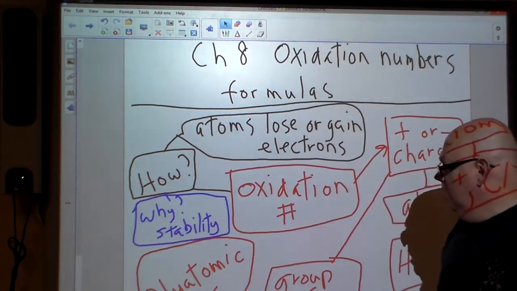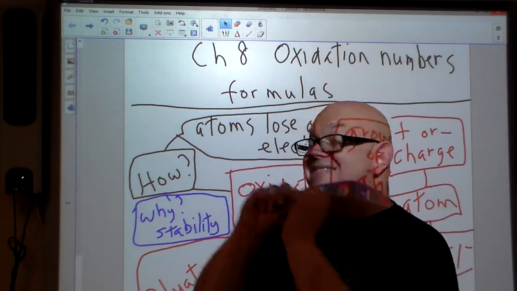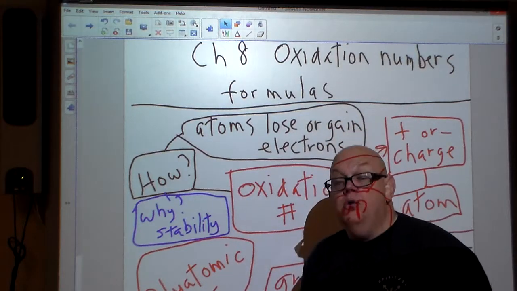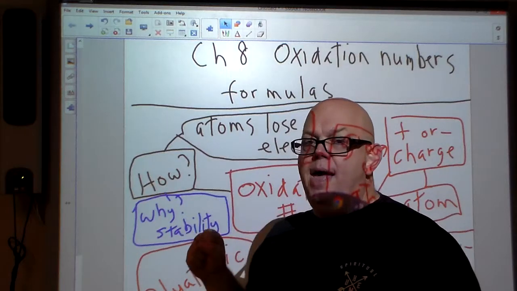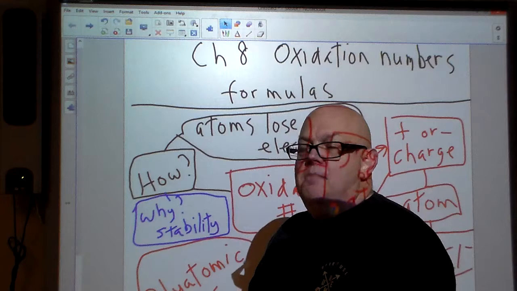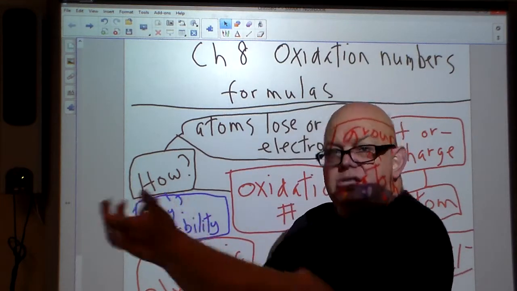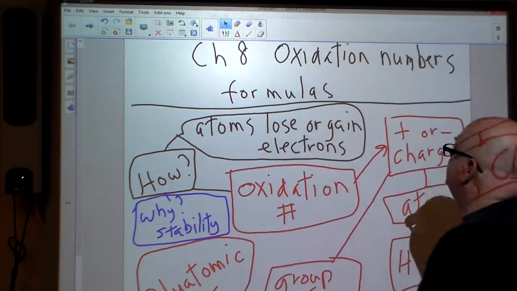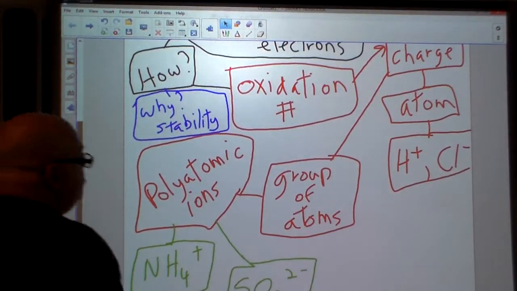Some atoms, in order to be stable, have to get rid of electrons, like sodium with its +1. Other atoms, like chlorine, are more stable when they grab an electron. It's all about stability. Now, things like helium, neon and argon, the noble gases, don't need to lose or pick up electrons. So it's all good.